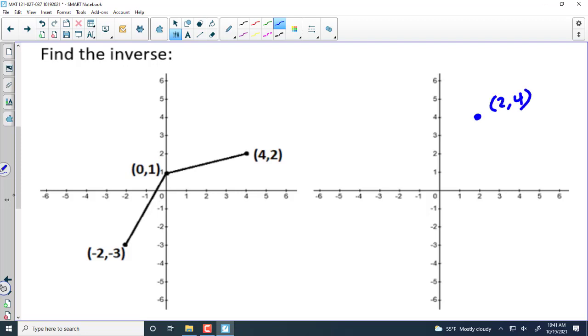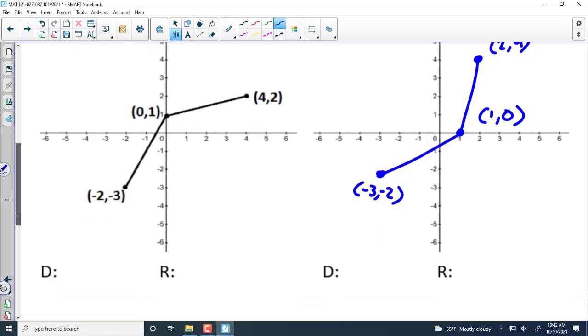What's another one we have? 1, 0. 1, 0. And what's the last one you know you have? Negative 3, negative 2. And then we just connect the dots to get all the other infinite ordered pairs that aren't labeled. And that's the inverse right there. We're done. We found the inverse.